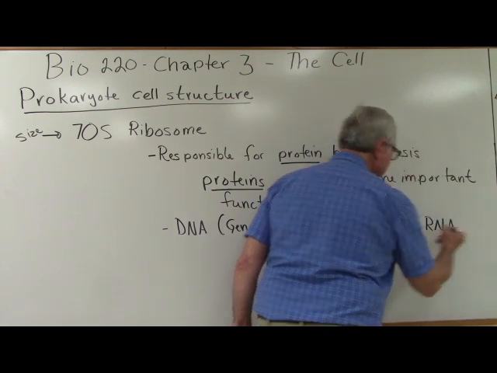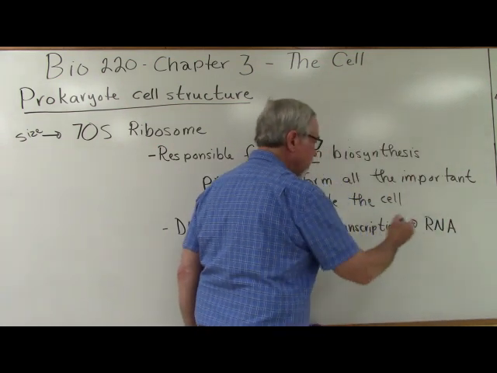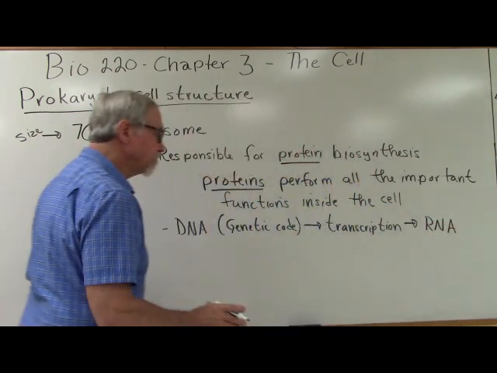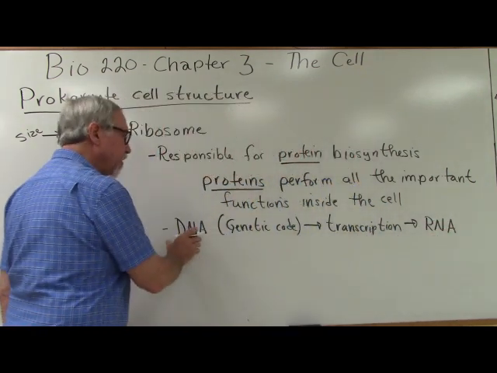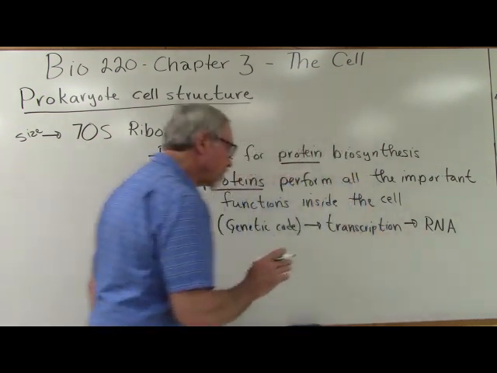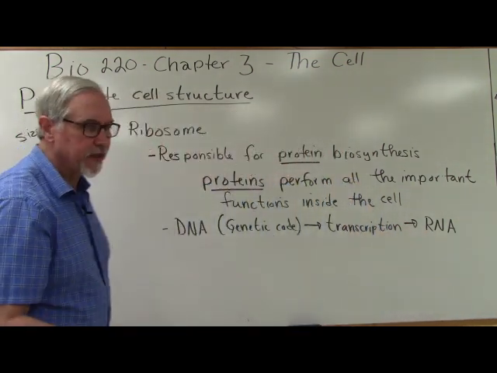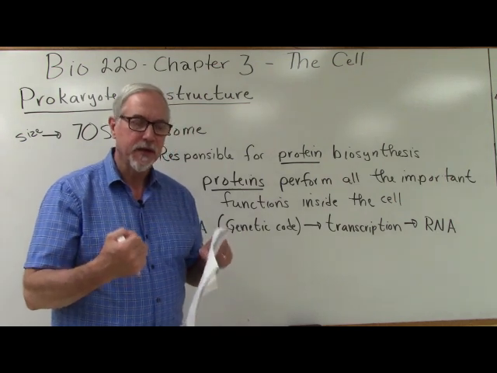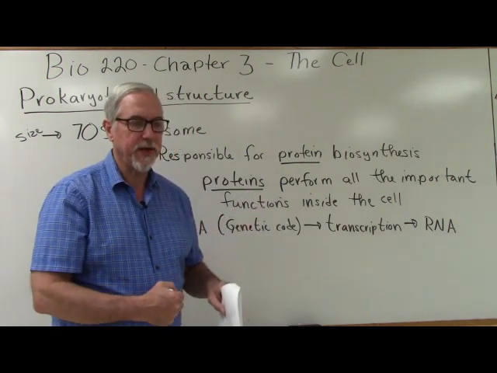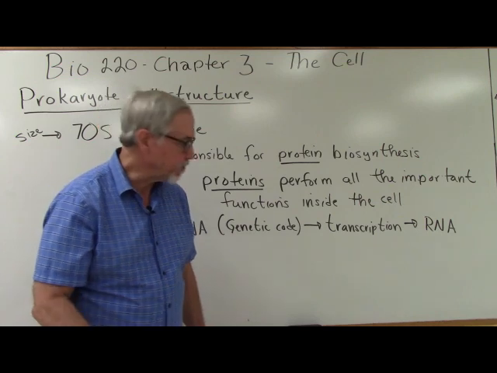All right, so RNA has several different functions. One of the functions of RNA is as messenger RNA, and this is the one that takes your genetic code to the ribosomes, and then the ribosomes read the code and then assemble the protein based on a very specific order of amino acids as dictated by your genetic code.